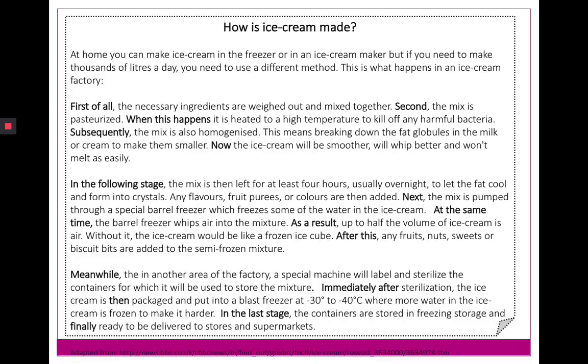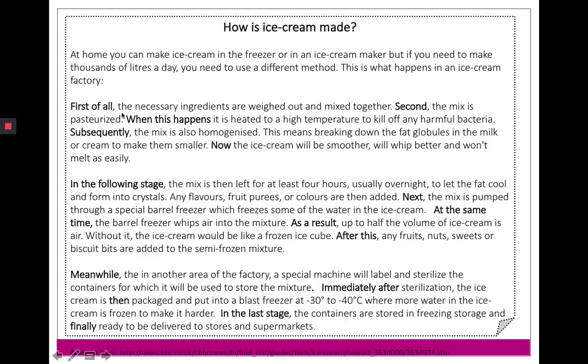At home, you can make ice cream in the freezer or in an ice cream maker, but if you need to make thousands of liters a day, you need to use a different method. This is what happens in an ice cream factory. First of all, you see the sequence connectors here to start the process, right?